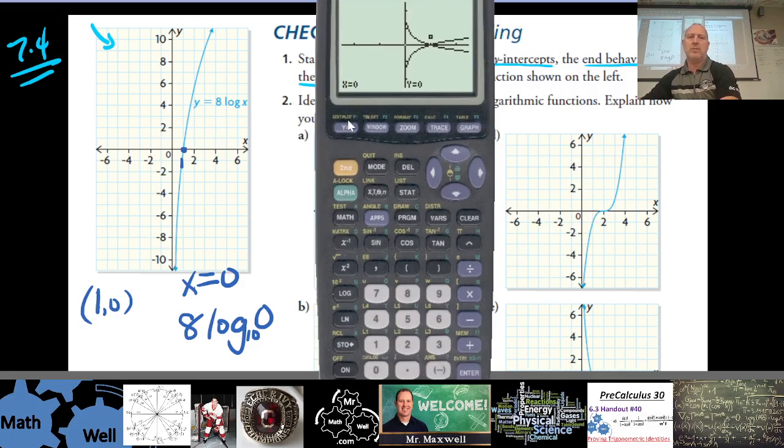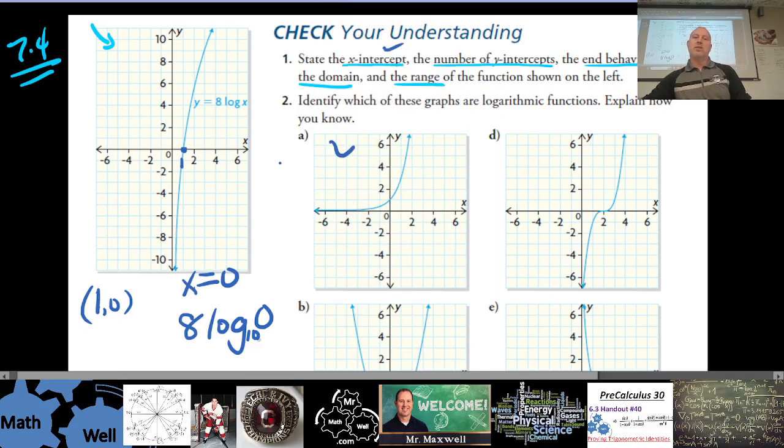So log of 0. Let's see what that is. It's error, domain error. It does not work. So there is no value. It's undefined. Because 10 to the power of what value will give you 0? 10 to the power of no value will give you 0. It'll never equal 0. So there are no y-intercepts.